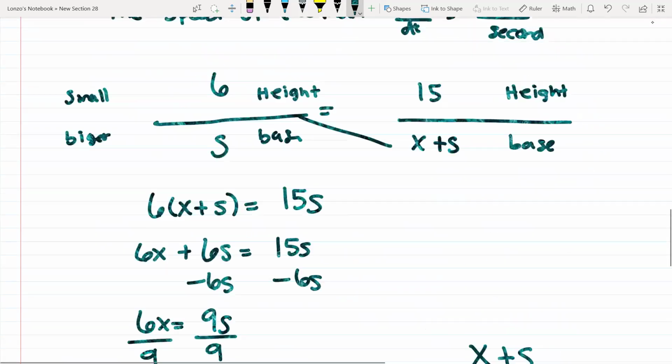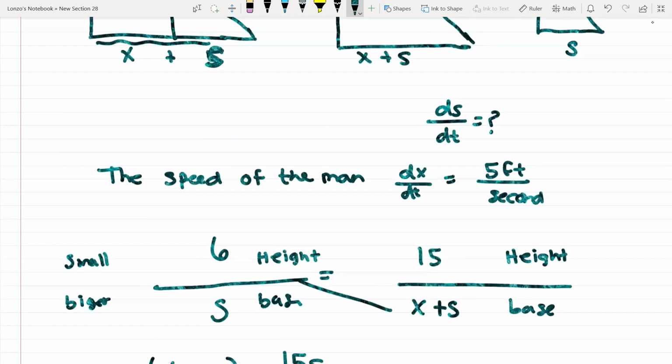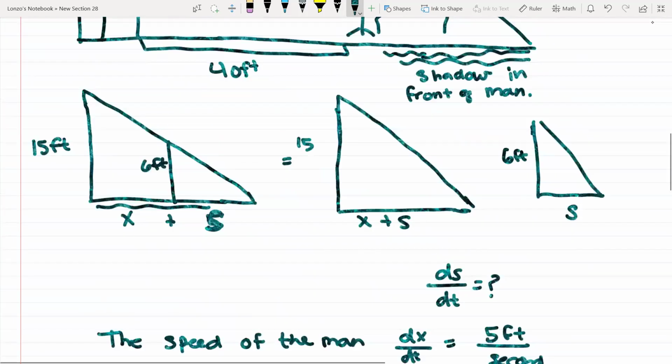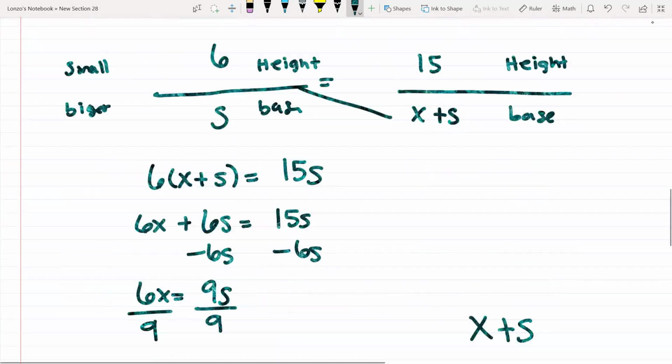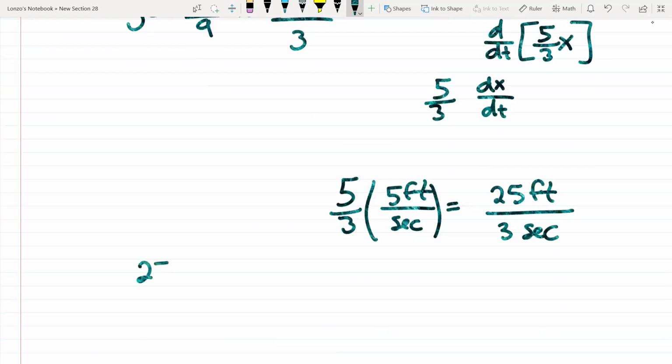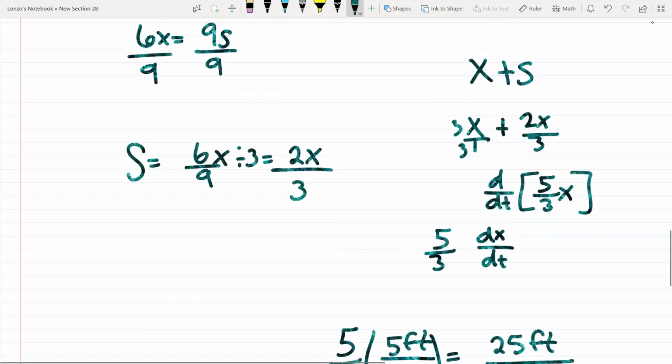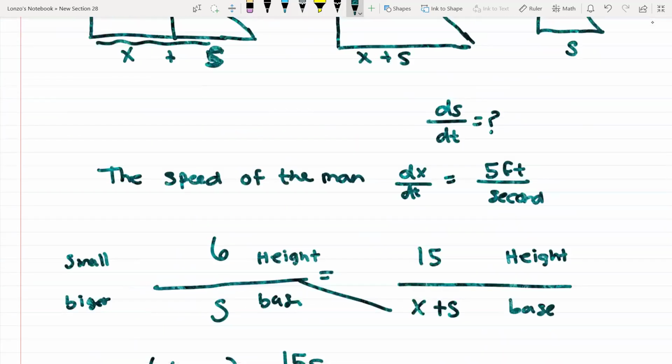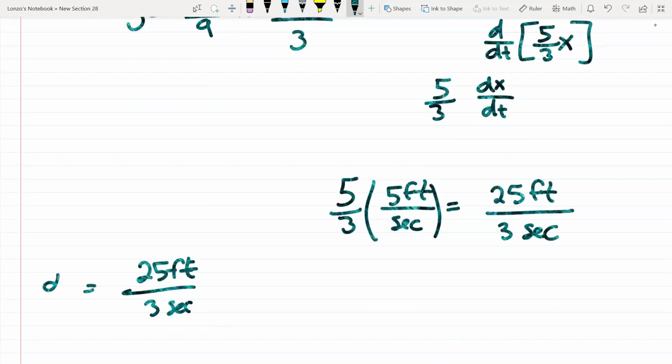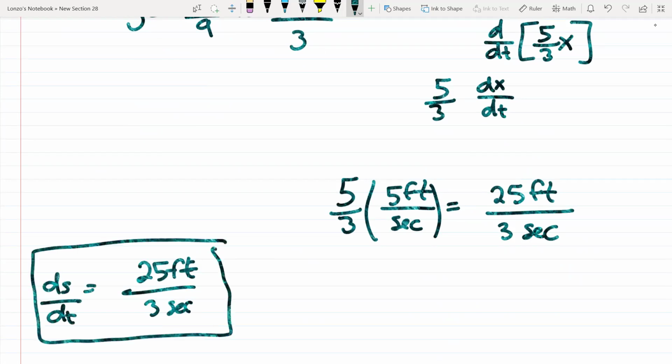So we just found the speed of the tip of the shadow, which is 25 over 3 feet per second. They're asking how fast the tip of the shadow is moving, and the answer is 25 over 3 feet per second.